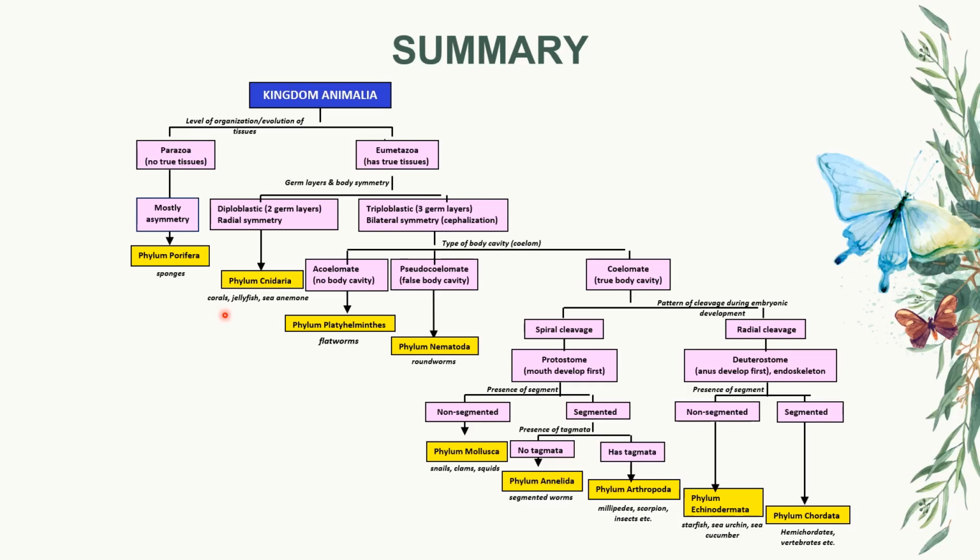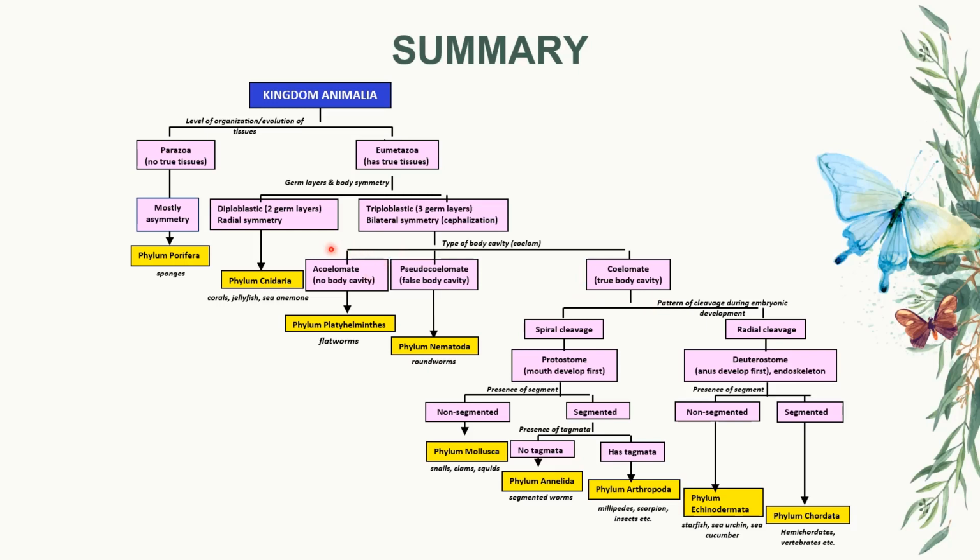Examples of Cnidarians are corals, jellyfish, and sea anemone. On the other hand, if they are triploblastic, with three germ layers, and have bilateral symmetry, they can be split in terms of their body cavity. There are three body cavity types: acoelomate, no body cavity; pseudocoelomate, false body cavity; and true body cavity, which is coelomate.